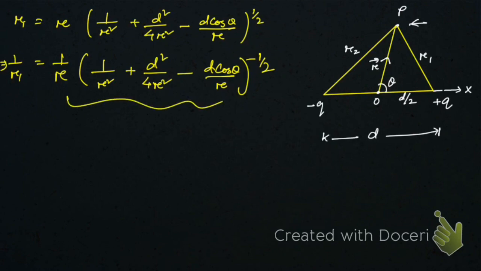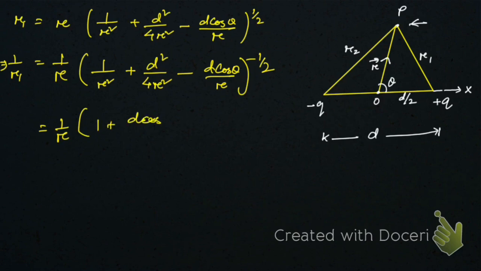And if you expand this, then you should get 1 by r, then 1 plus d cos theta by twice r, and in the remaining terms you will get d square, d cube terms, those kind of terms, and we can neglect that because d is very small, right? So we can neglect those terms. If you expand this term, then we should get this result, right?